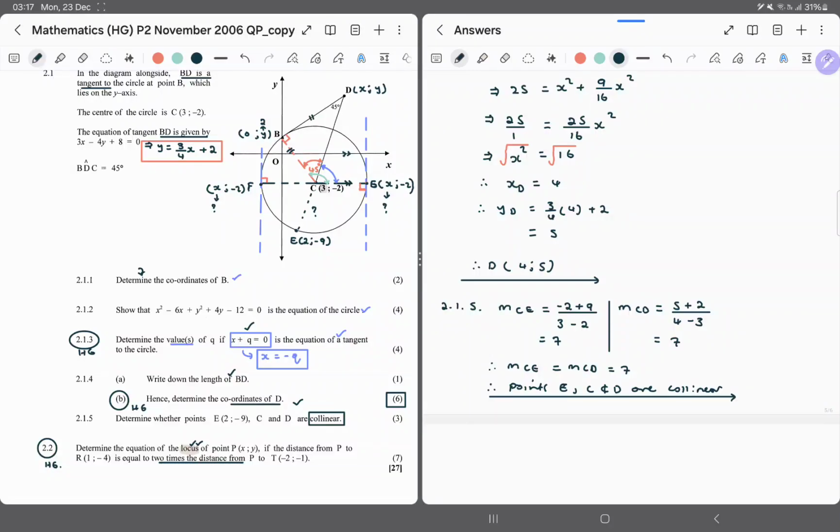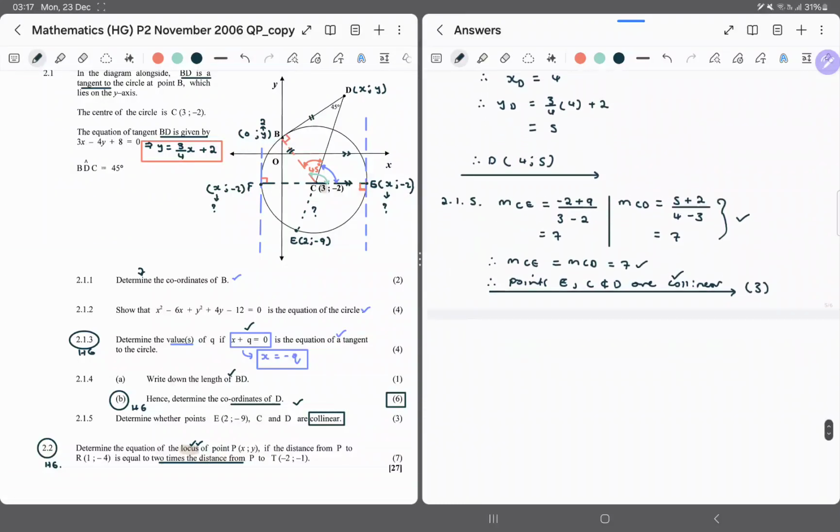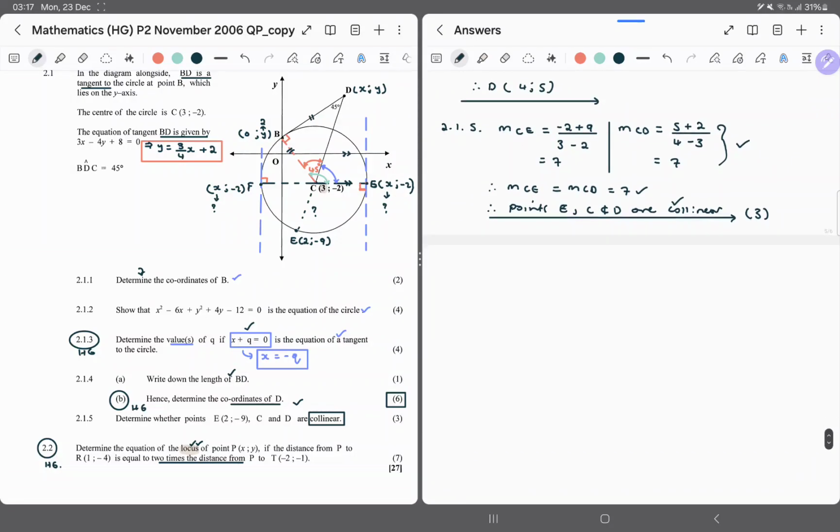So obviously, guys, what is important here for 3 marks is to prove that the gradients are equal, and of course the conclusion and any one of these calculations. Nice. Why am I giving 4 marks? Are you crazy? 3 marks.